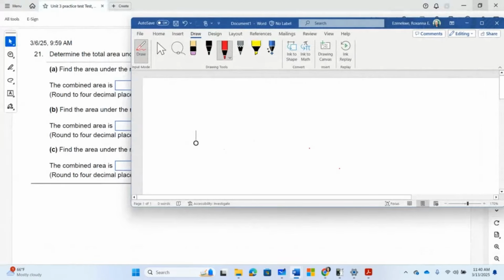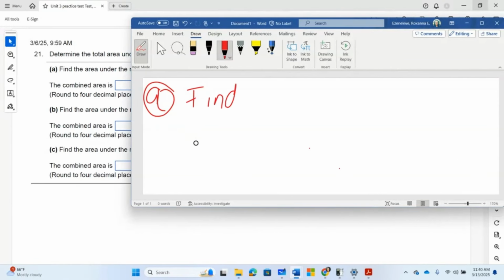All right, so question number 1, or A, says find the area on the left and right.